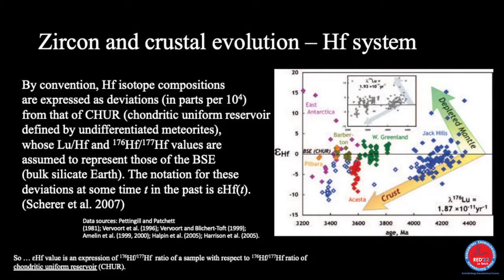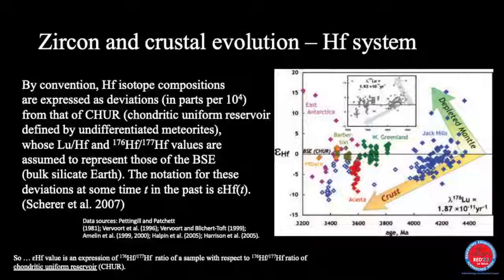And now looking at these arrows, if we have the crust extraction process, epsilon hafnium will go towards less radiogenic values, so negative values, and if we extract a lot of material from the mantle, epsilon hafnium will go towards positive values.